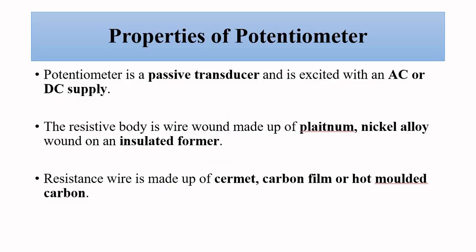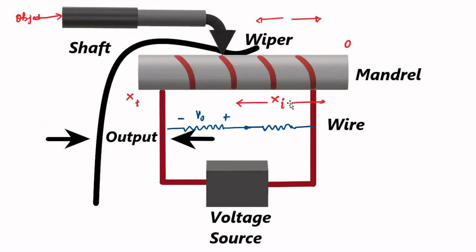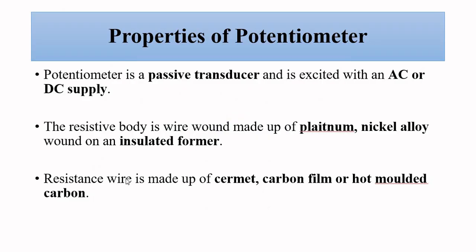So as I said, the basic design consists of the mandrel, the wire, the shaft, the wiper, and the voltage source which provides the supply signal, and it is normally a DC voltage source which is used.